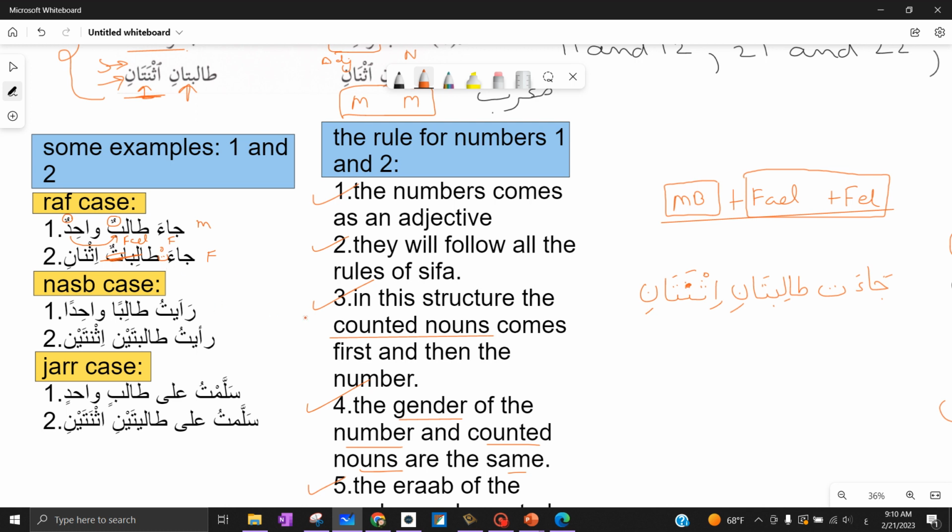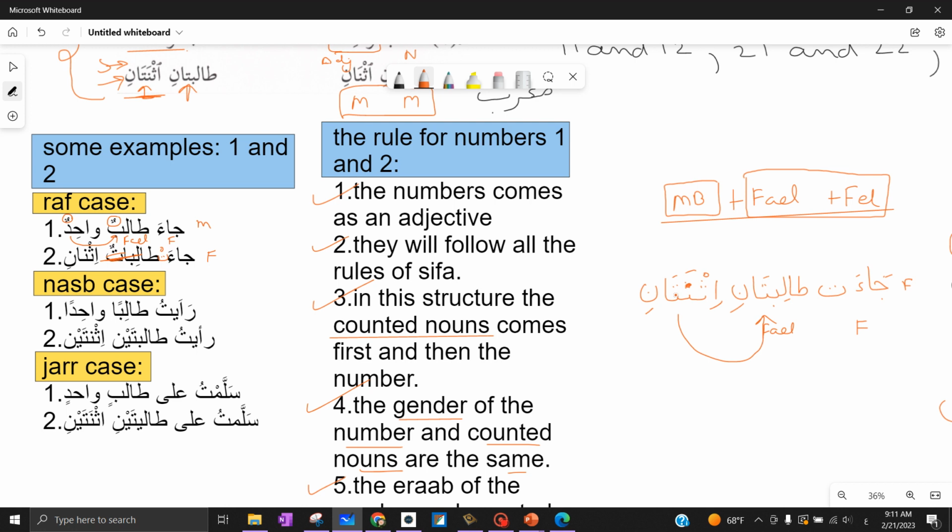Now let's see. Ithnatani should be for the feminine dual. Talibatani ithnatani. So where is our fa'il? Fa'il is here. Fa'il is talibatani. And this is coming as a sifa for talibatan.